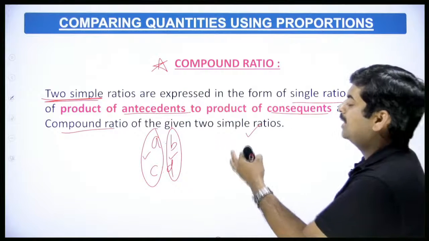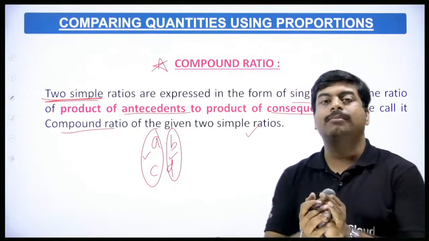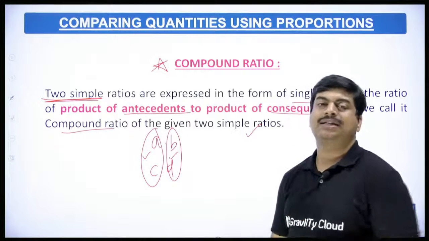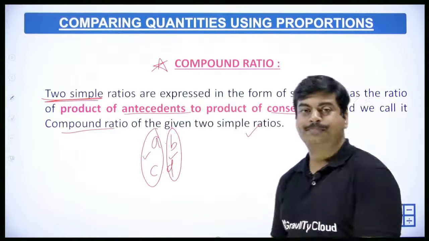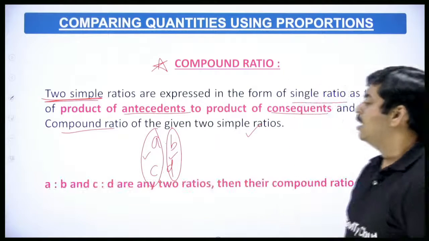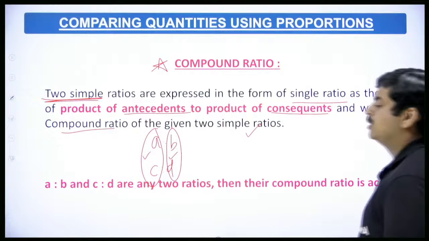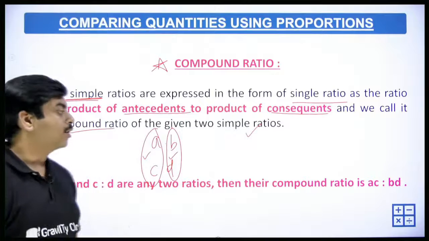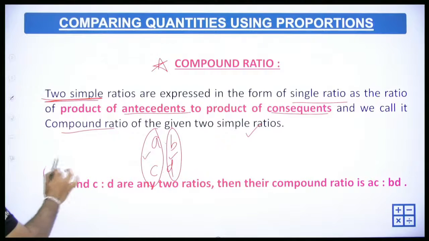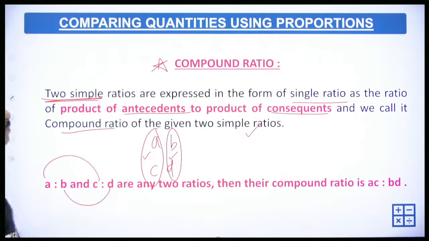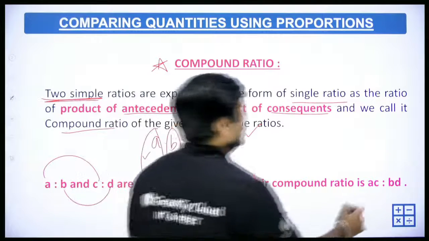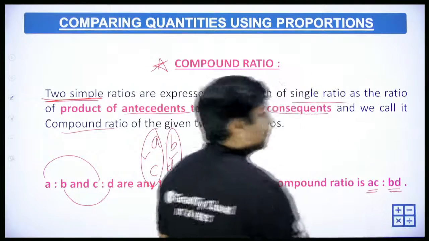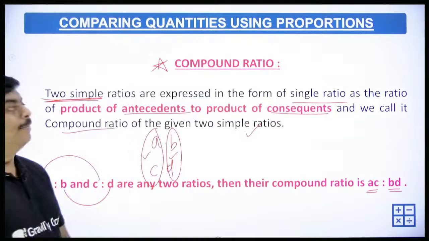Here, there are two ratios, and we are going to mix them into one. That is the reason we say that it is a compound ratio. So A is to B and C is to D are any two ratios, and the corresponding compound ratio is AC is to BD, right?